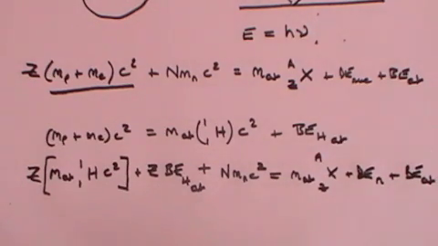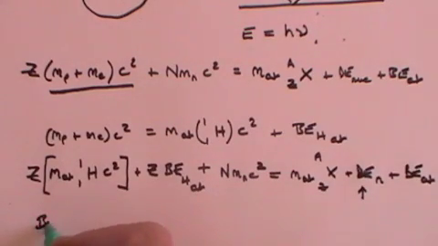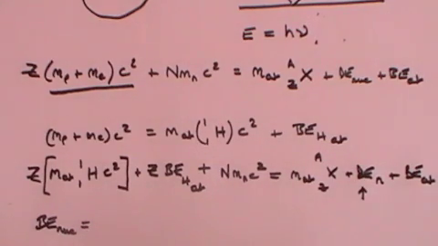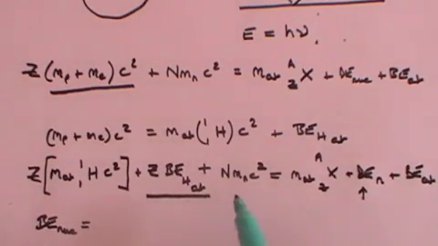Right, now where can we go from there? I want to know what the binding energy of the nucleus is. That's what we're trying to find here. And so if I rearrange this formula, I will get that the binding energy of the nucleus is equal to... well, before we do that, let's just think for a moment. Here we've got Z times the binding energy of the hydrogen atom.